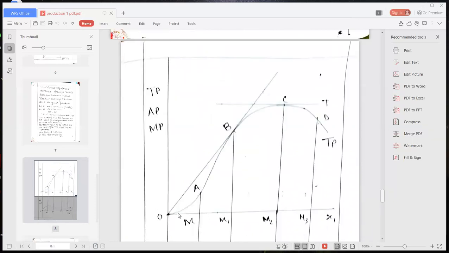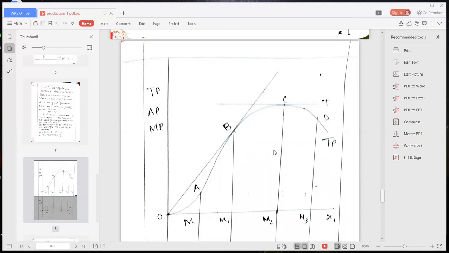And if we join the point O with the point C and the point O with the point D, we get the two lines OC and OD, and we can see that the slope of the line goes on decreasing from OB to OC to OD.